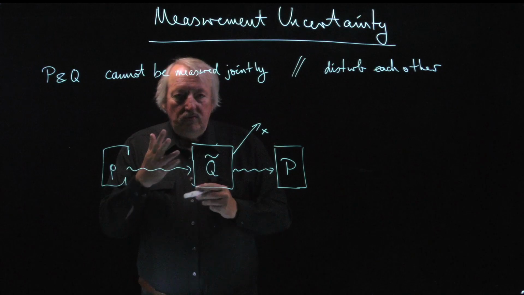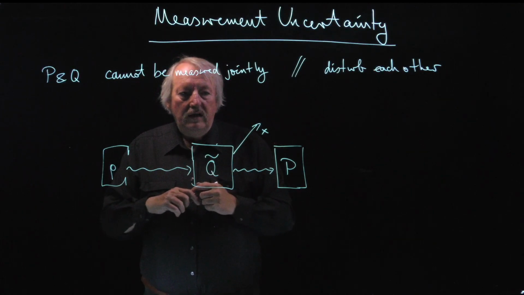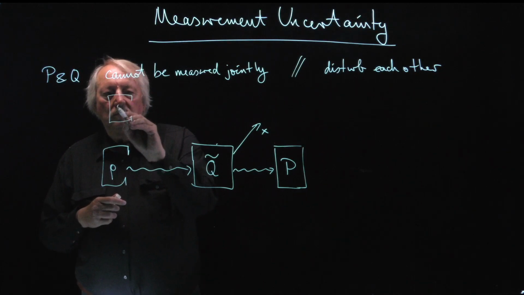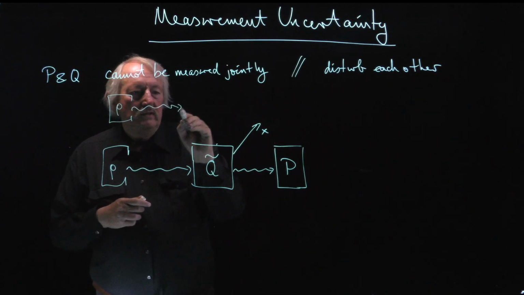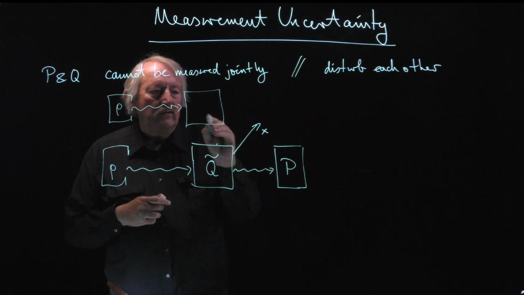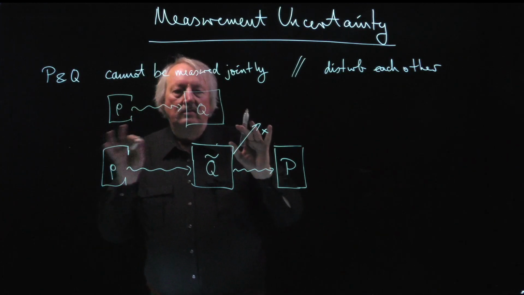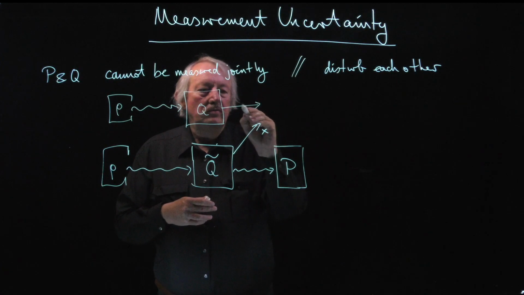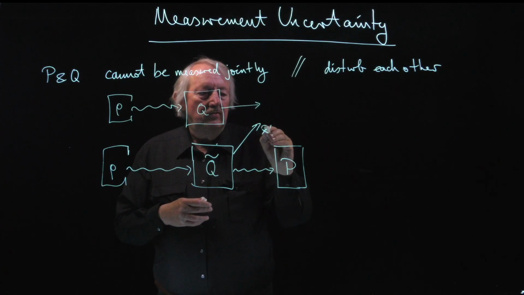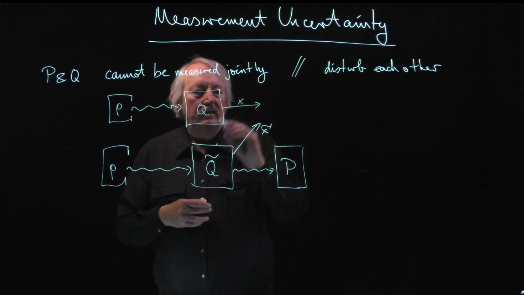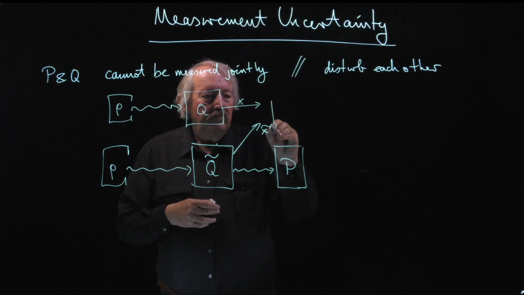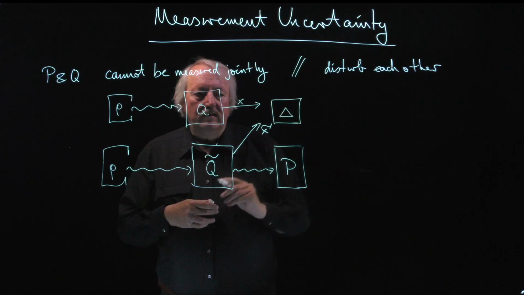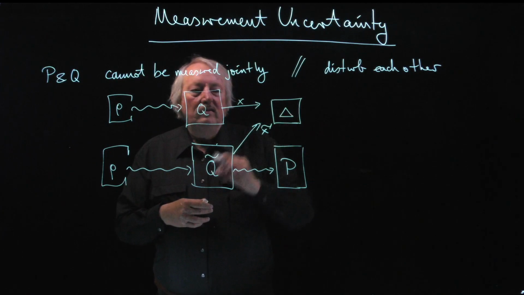But what we can always do is make both measurements and compare, right? And that's what we are going to do. So we can make the same measurement, and then in this box I just write a Q, which means the standard everybody's position measurement. So that gives you another value. Let's call this x twiddle, and call that x. And now we have to do some kind of comparison. And then let me just write a delta here for making the comparison.